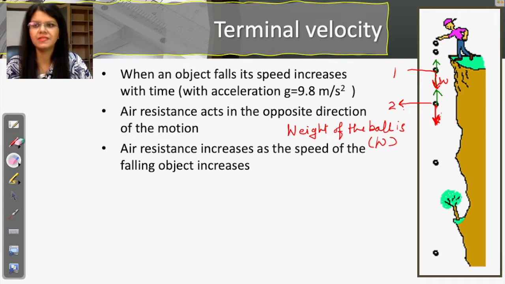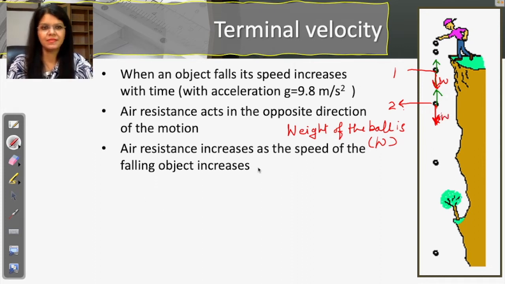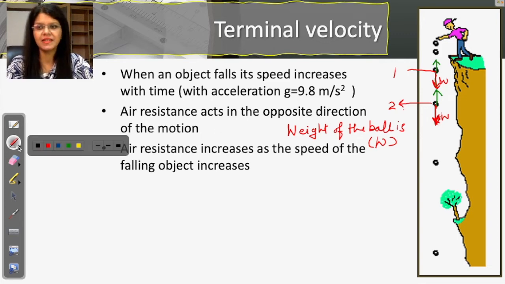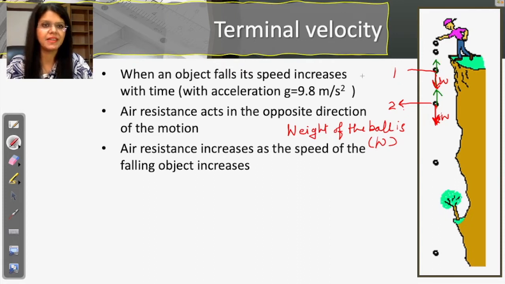The weight arrow is precisely the same. But the air resistance is increasing. Let me denote air resistance with the letter AR.